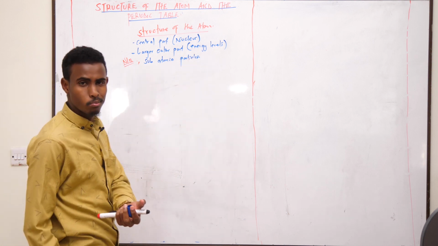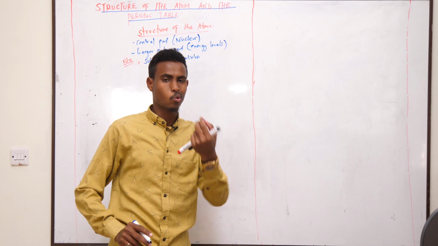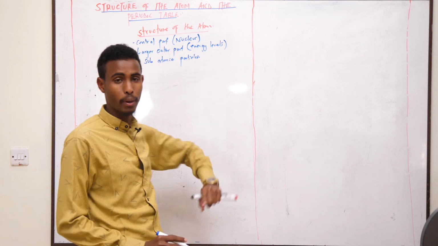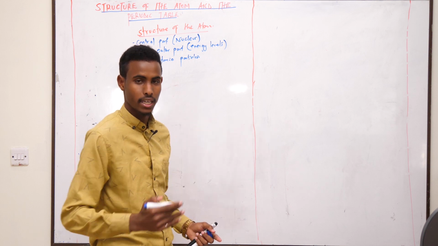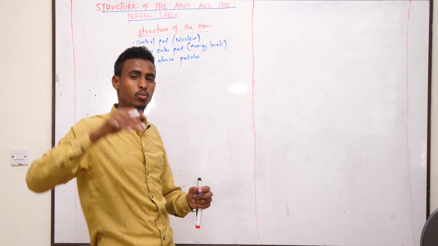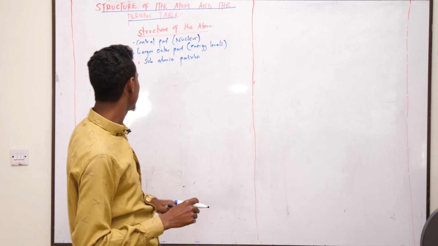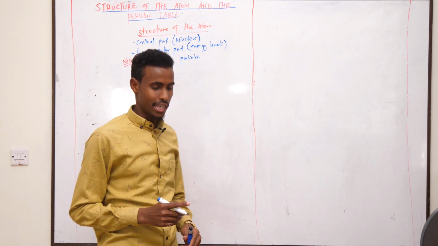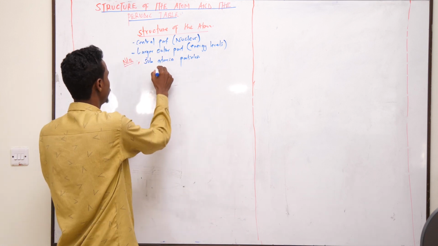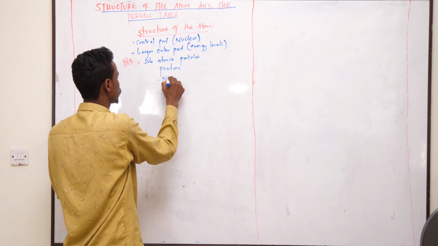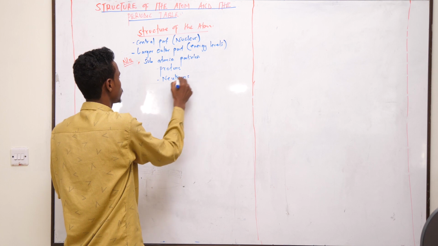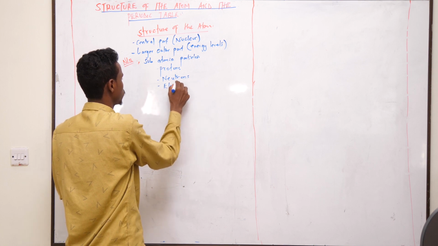And we say an atom structurally has the central part and the larger outer part surrounding the central part, that is the nucleus and the energy levels. And within that structure, we have subatomic particles. Those are the three. We have protons, neutrons, and electrons.